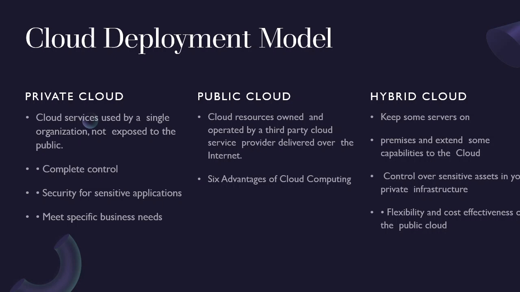They may not have a regulatory requirement, or it is something they could not afford, so they might go out and use the hybrid cloud. They can use the public cloud as well as the private cloud. Okay, that's called hybrid cloud. Keep some servers on-premises and also extend some capability to the public cloud. That's called hybrid cloud.